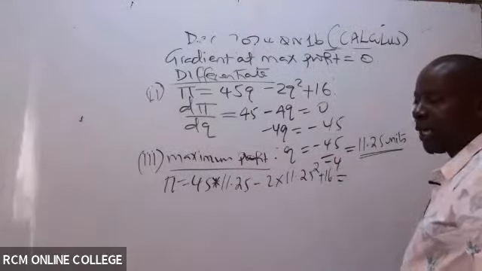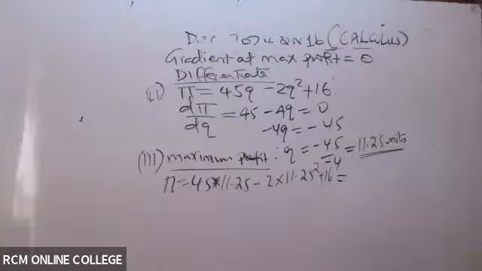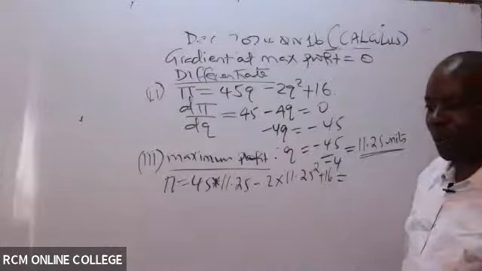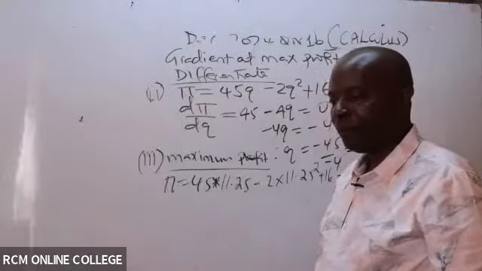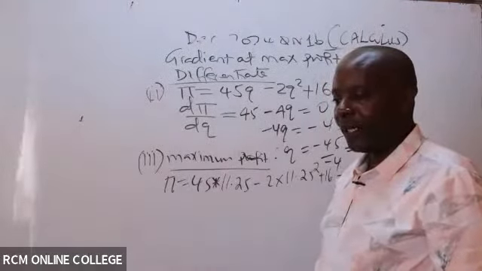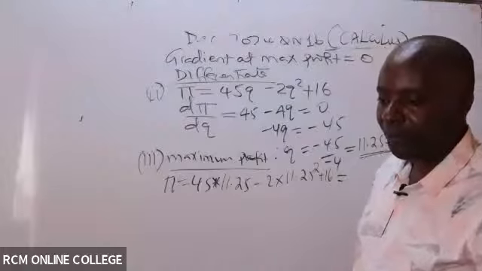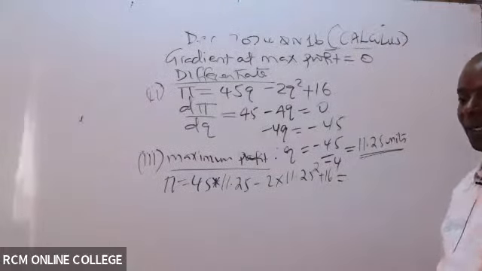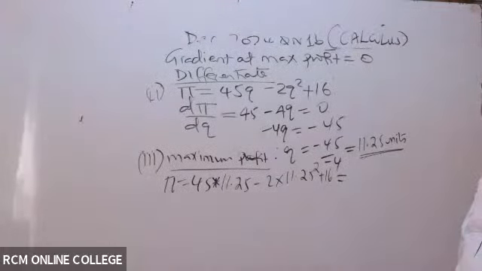So then you get out your calculator and you give me an answer. 45 times 11.25 minus 2 times 11.25 squared plus 16. What are we getting, somebody here?